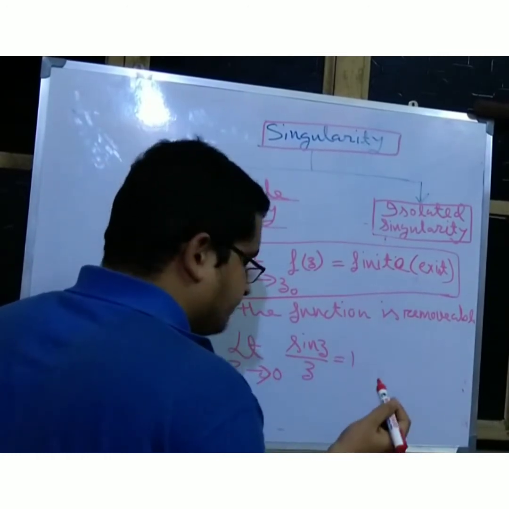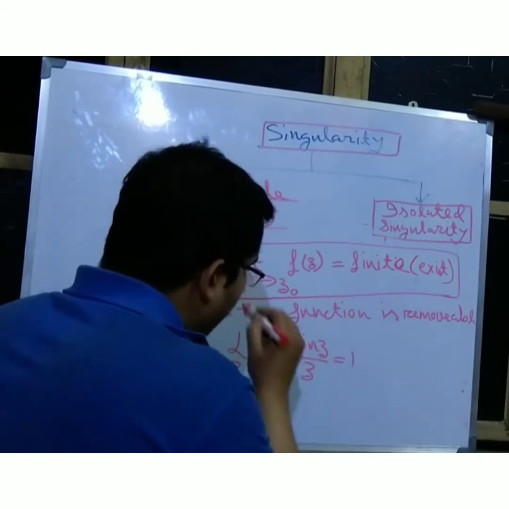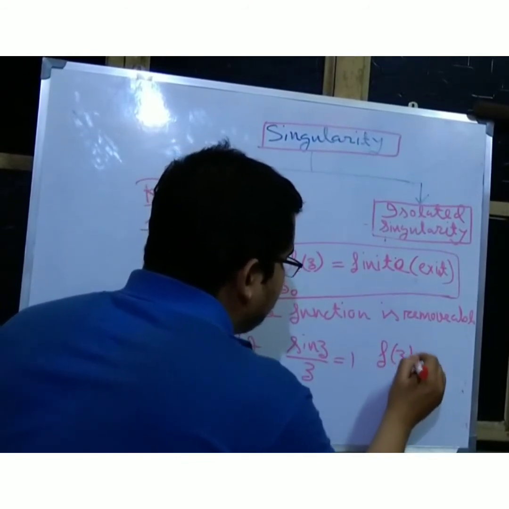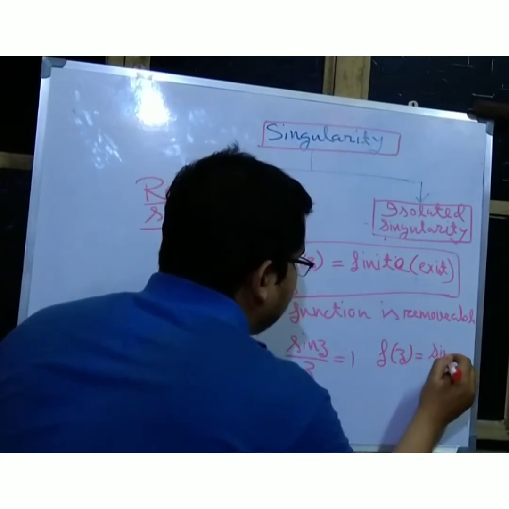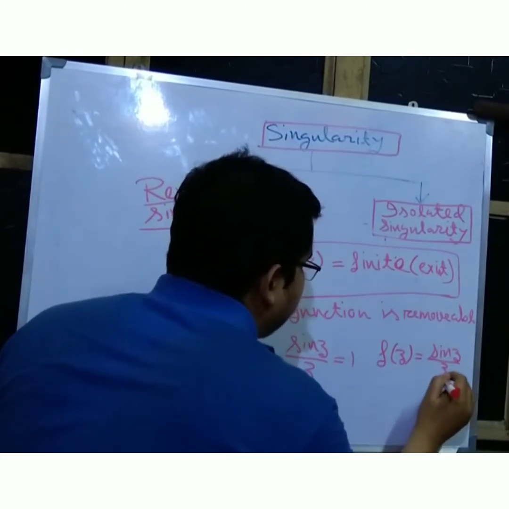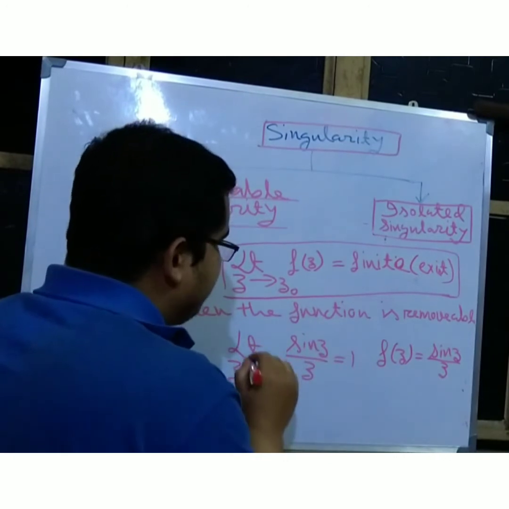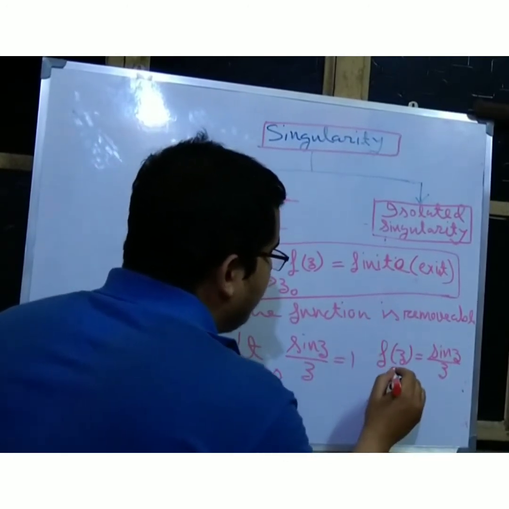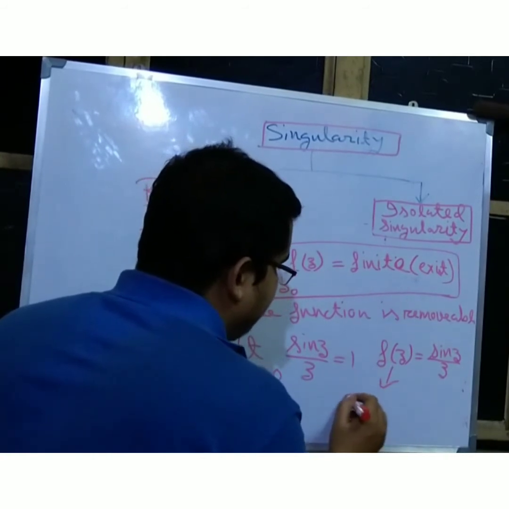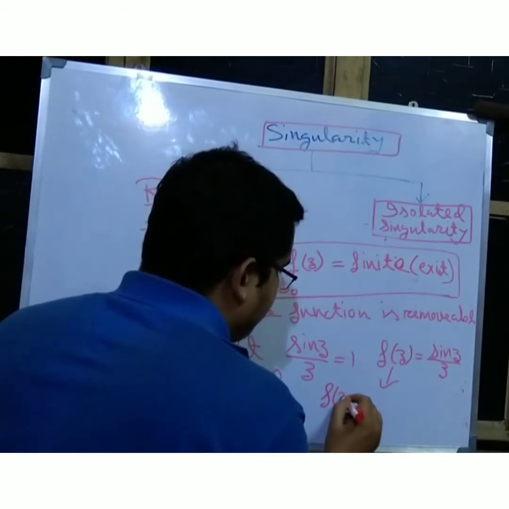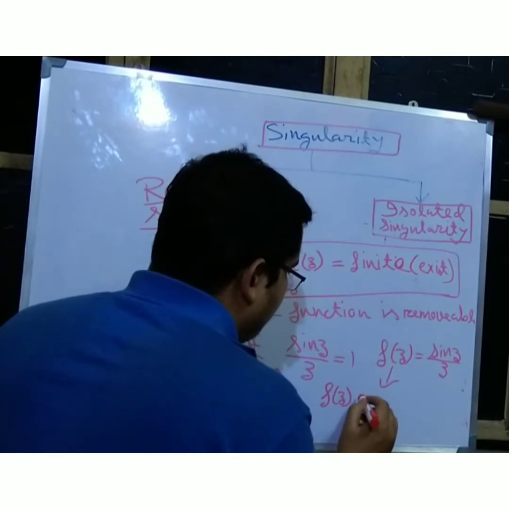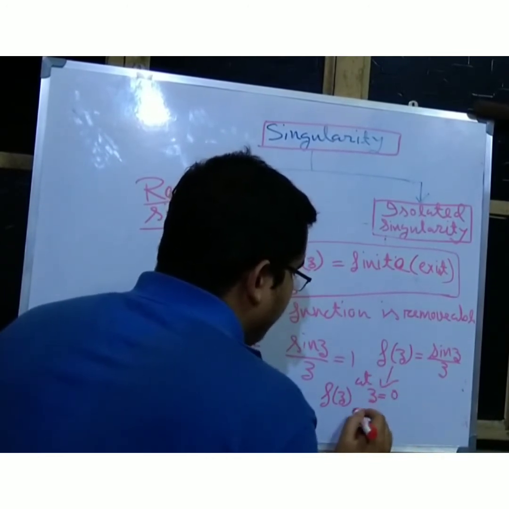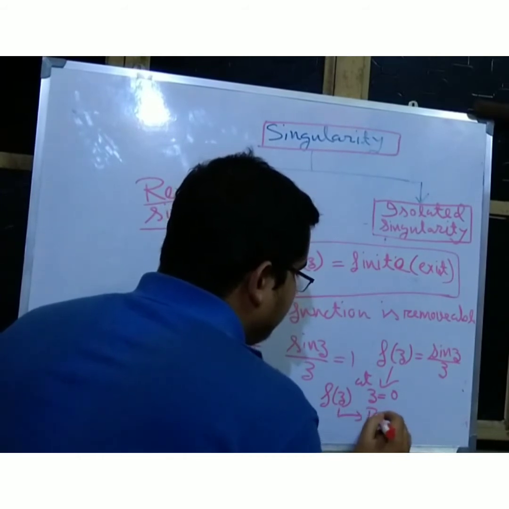So friends, if f(z) is equal to sin z by z, then because the limit as z tends to 0 of sin z by z is equal to 1, at z equals 0, f(z) has a removable singularity.